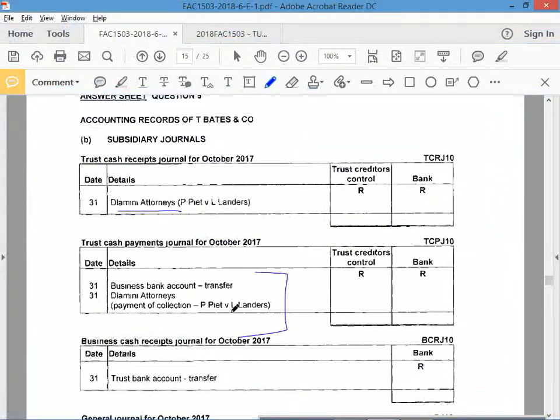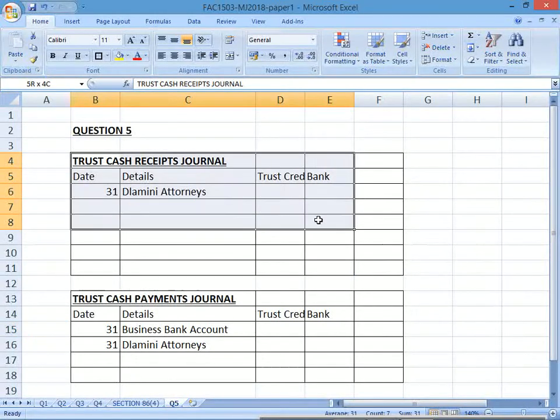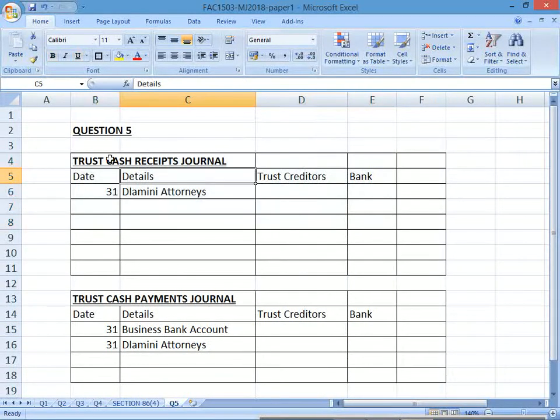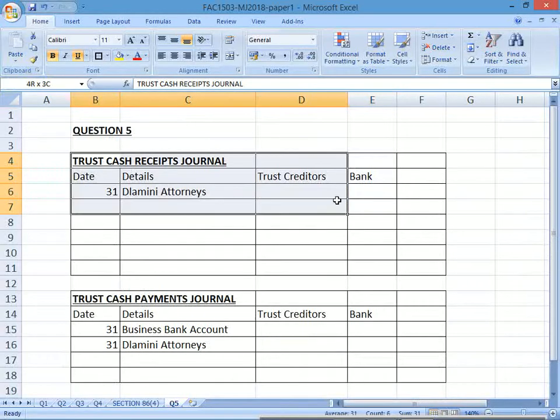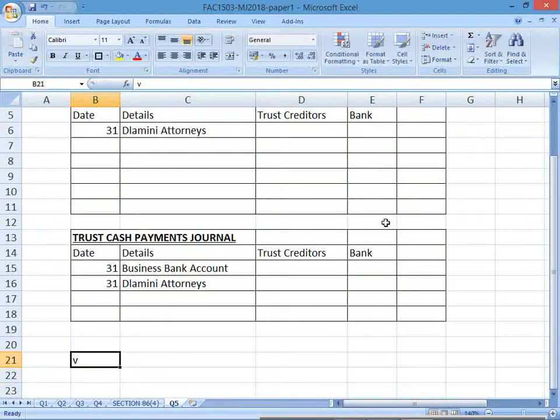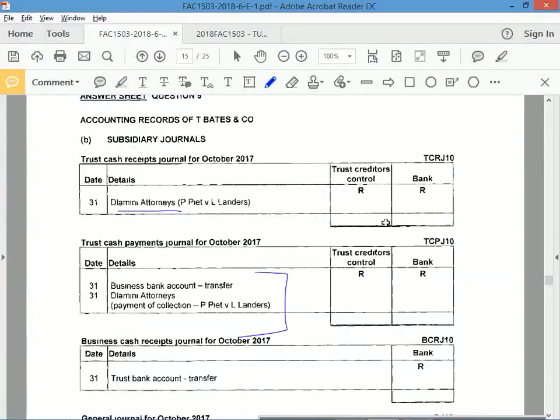Business cash receipts. That's normal, nothing special about that account. They only want a bank there, so just one column. Payments or receipts?